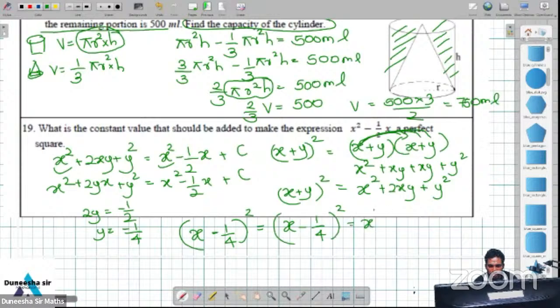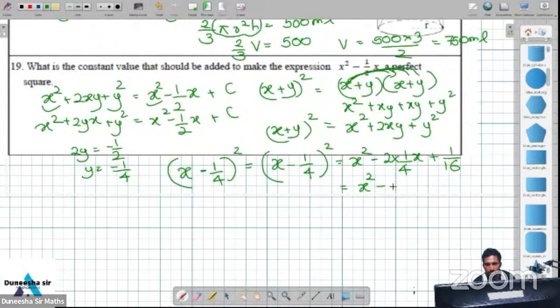It's x squared minus 2x, sorry, 2 multiplied by minus, x squared minus 1 over x plus 1 over 16.